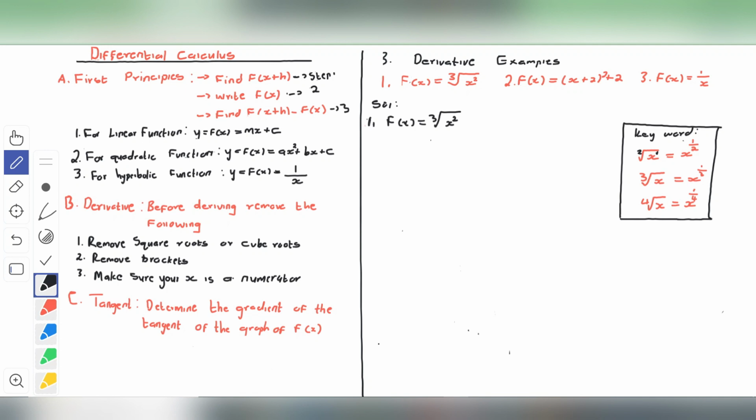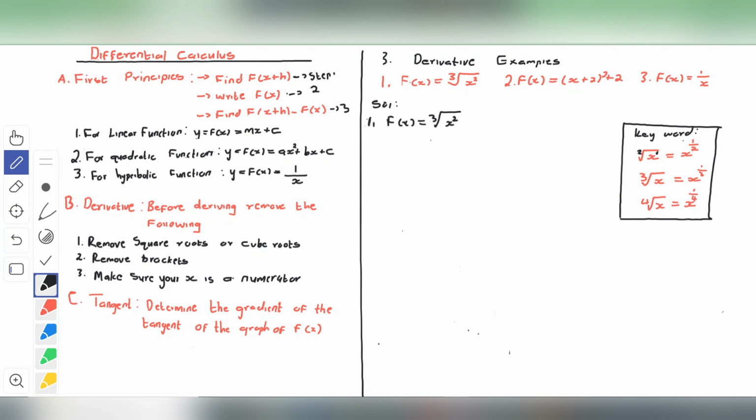From the second one, we can see that we have the cube root of x. Like I said, at the numerator we write the exponent of the term under the root. The exponent there is 1, therefore it's going to be 1 all over, and the denominator is whether it's the square root, cube root, or fourth root. Here it's 3, that's why we divide by 3. Therefore we have 1 over 3.